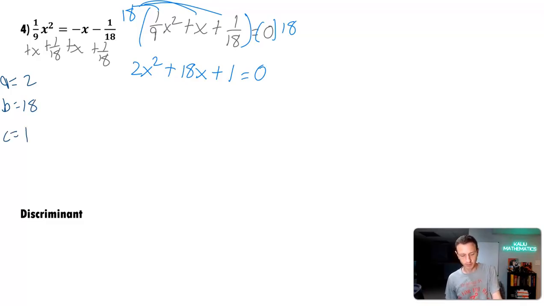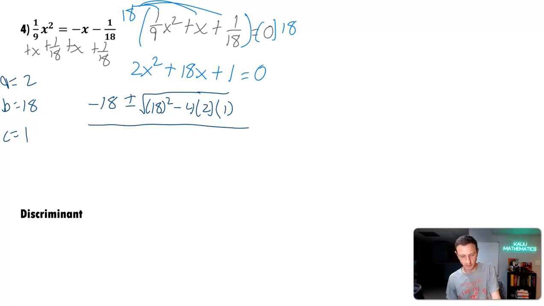So plug it in: negative b, so negative 18, plus or minus the square root of b squared minus 4 times our a value of 2 times our c value of 1, all over 2 times a.